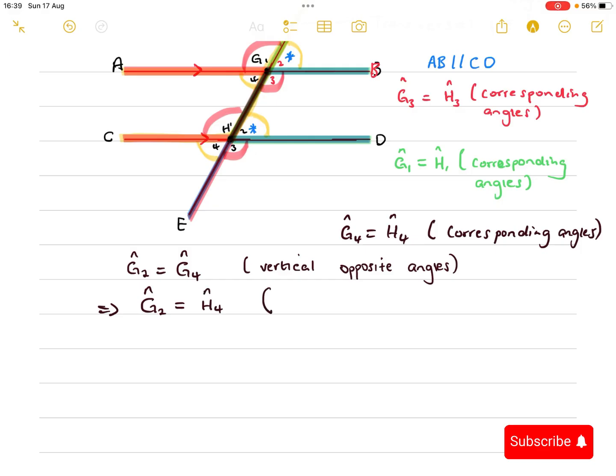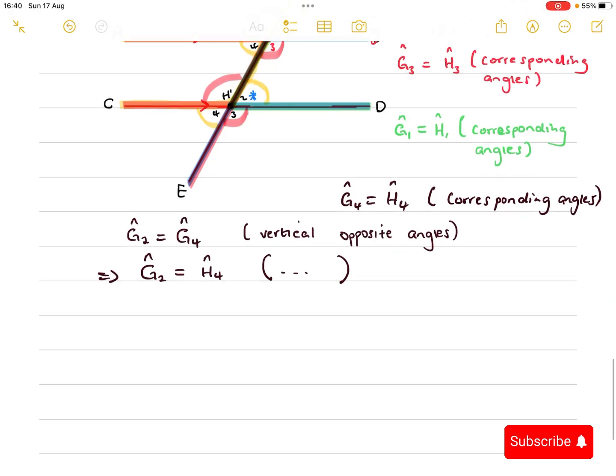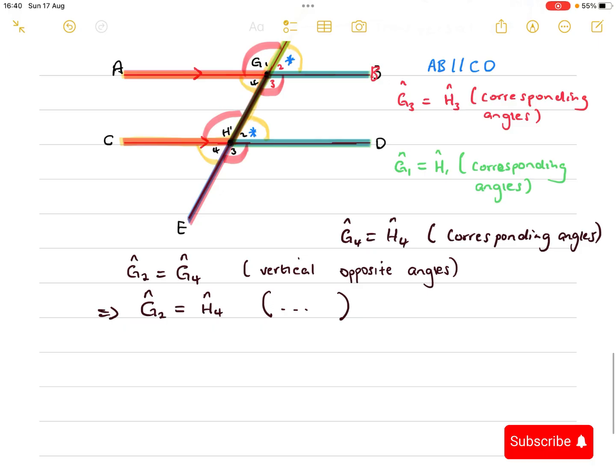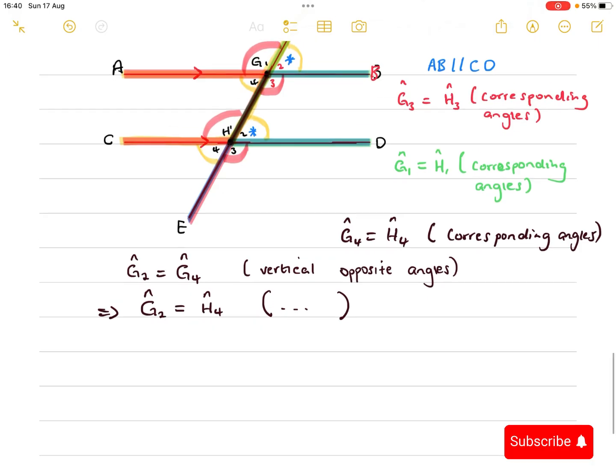H4. But this one, I will just leave it like this. I won't include the reasoning. The reasoning is something that we'll be diving into in the following video, where I'll be talking about angles that are alternating. So in this case, I just want us to come up with a quick observation.